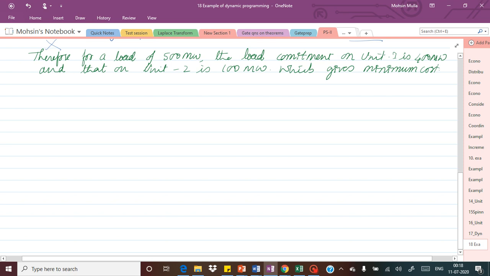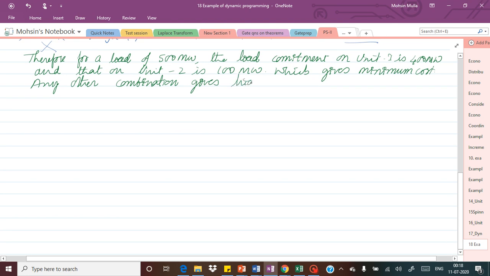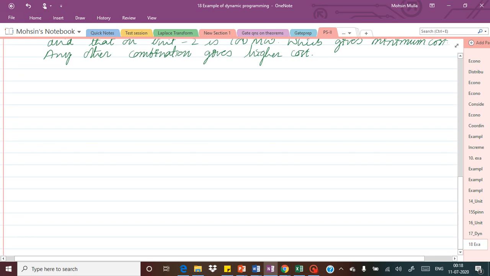Any other combination gives higher cost. So this combination is used for the 500 megawatt load.